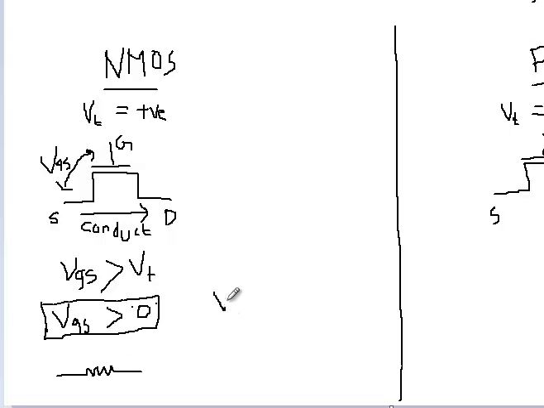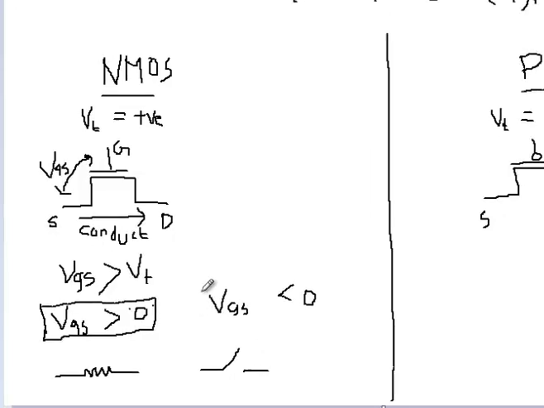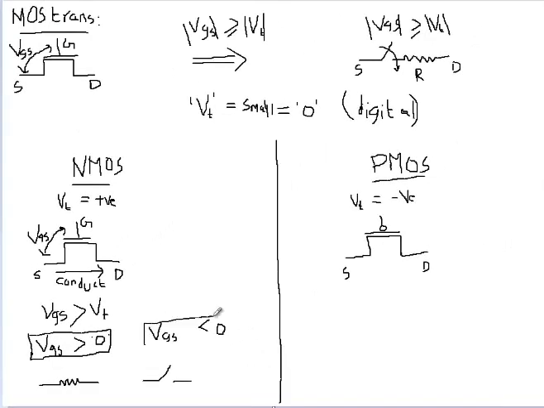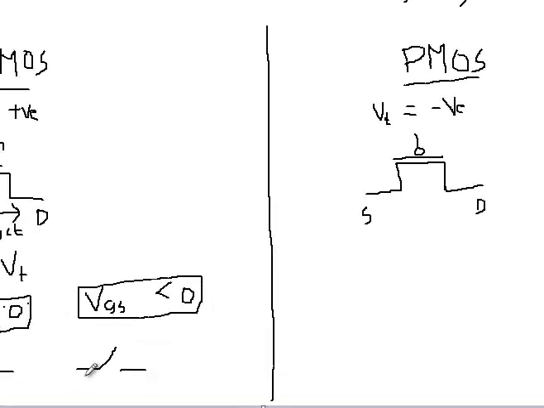And whenever VGS is less than 0, it acts as an open switch. So these are the two conditions for an NMOS to conduct and to not conduct. Similarly, we'll draw some conclusions for PMOS.